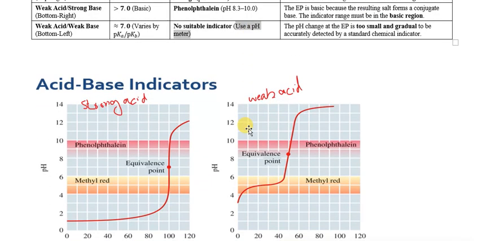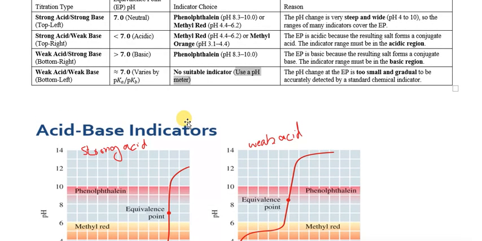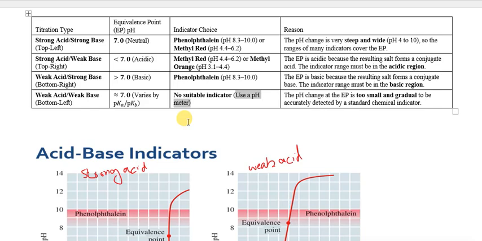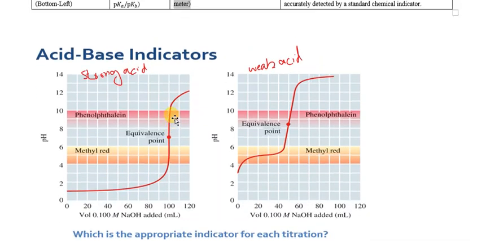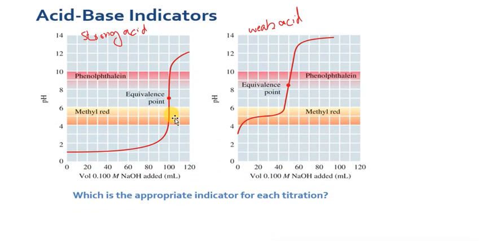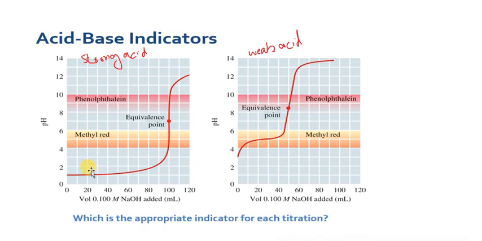Okay, hopefully you have cleared all your concepts related to acid base indicators, the titration curves, and selection of the indicators depending upon the types of titrations. See here in this graph, 0.1 molar NaOH is used in the titration curve.